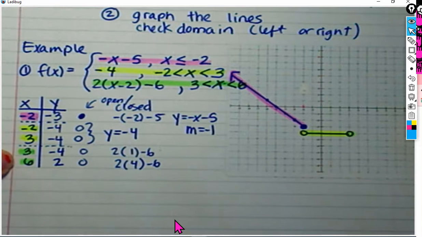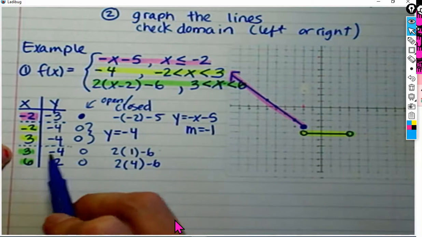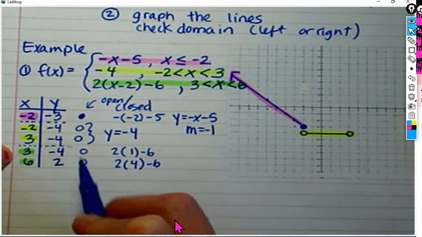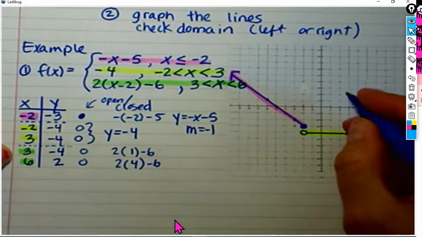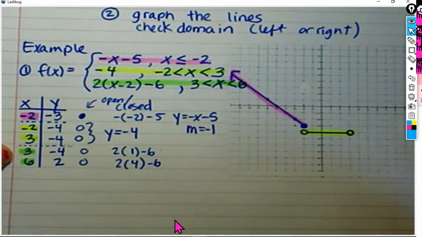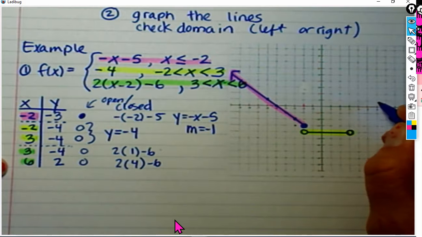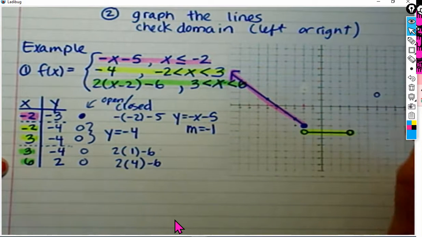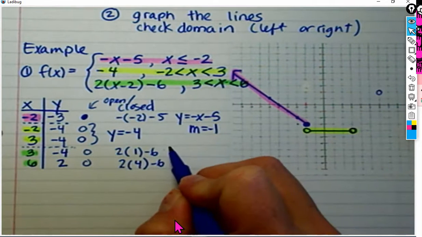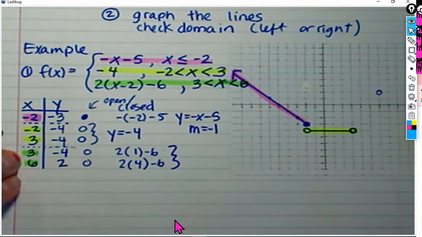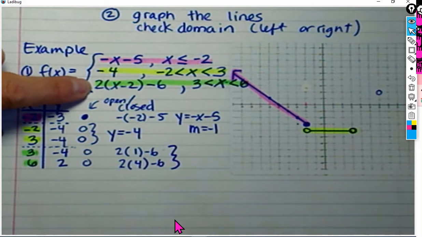Next, I'm going to do the green part. And I have 2 points that are open. 3, -4. It's okay if they end up in the same place. It's okay. Open. 6, 2. All right. Now, looking at the green line, okay, check the format.